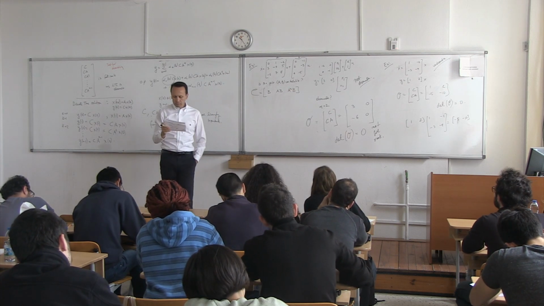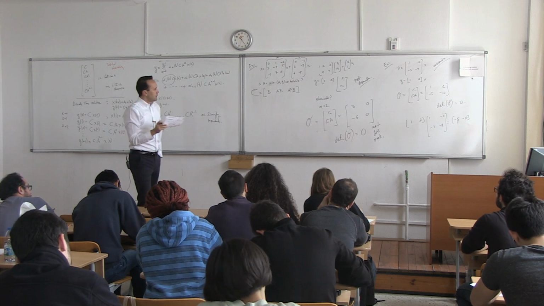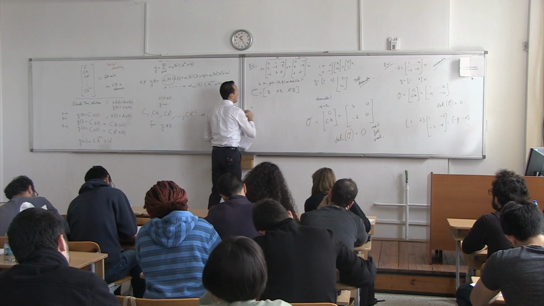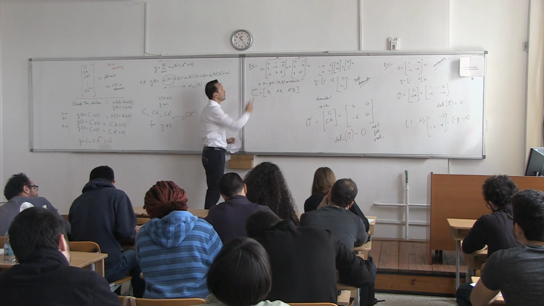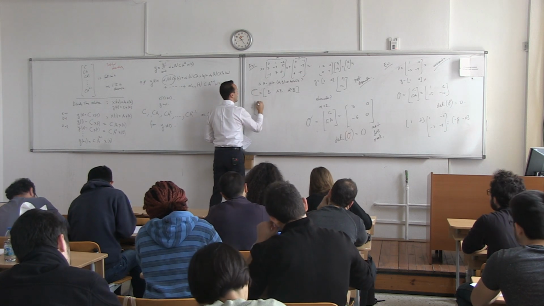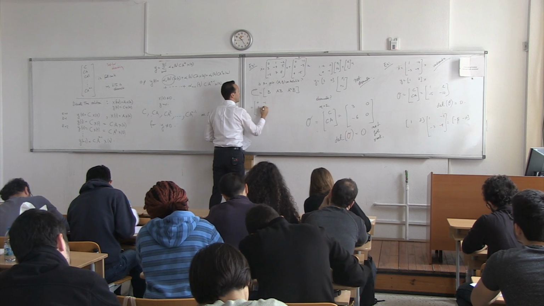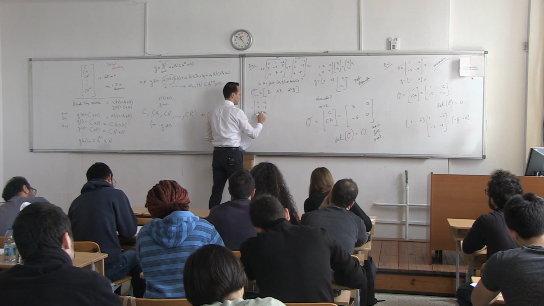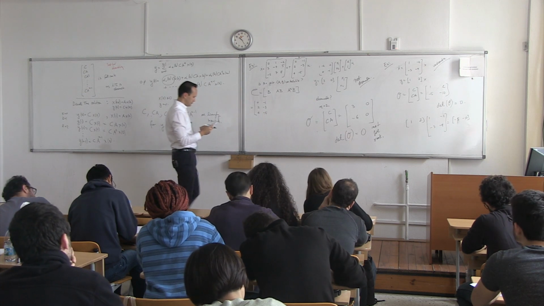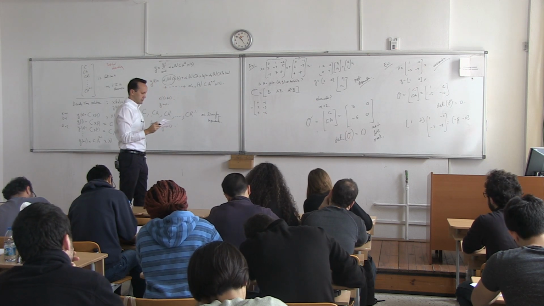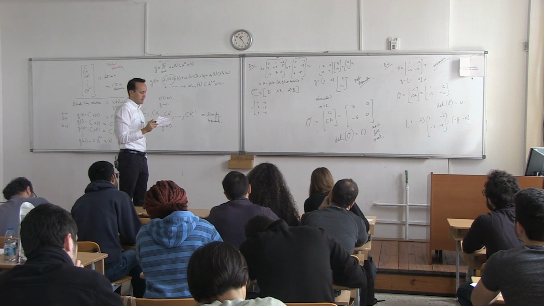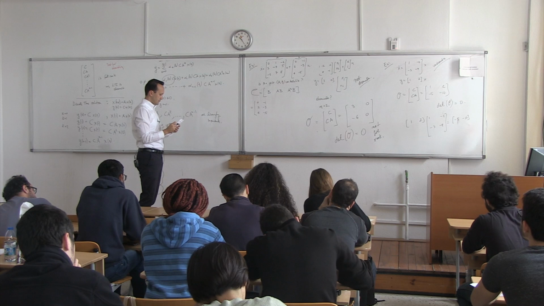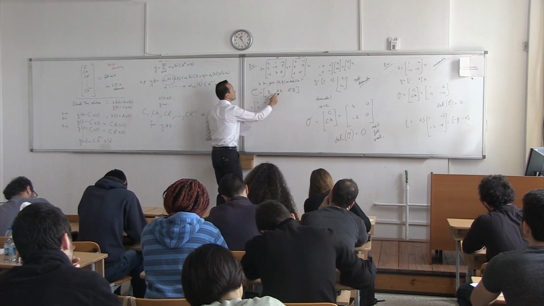Now, the first one is easy, right? Well, you just write B: 0, minus 1, 2, minus 3, 4, minus 5. So, let's write AB.